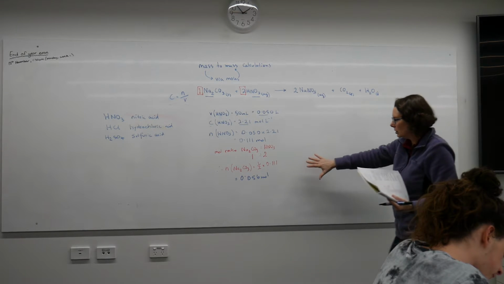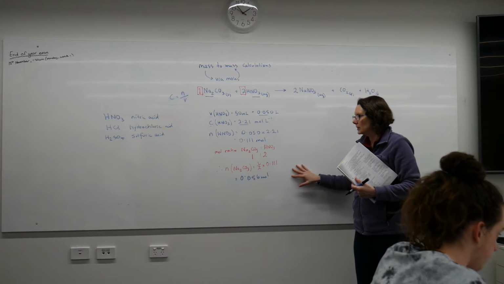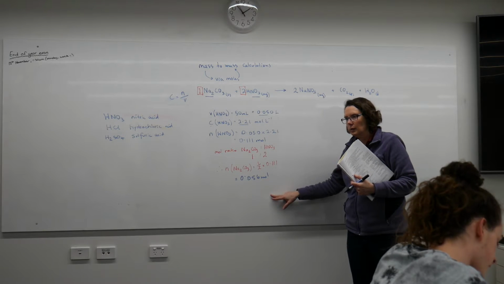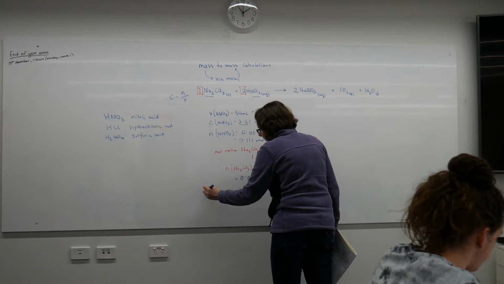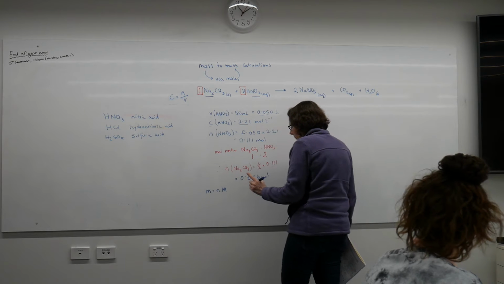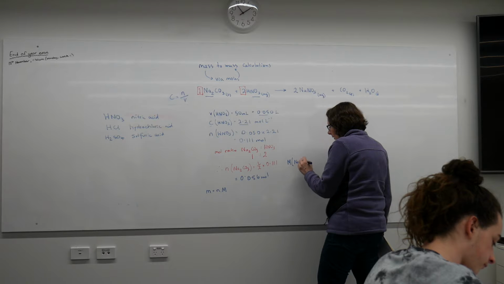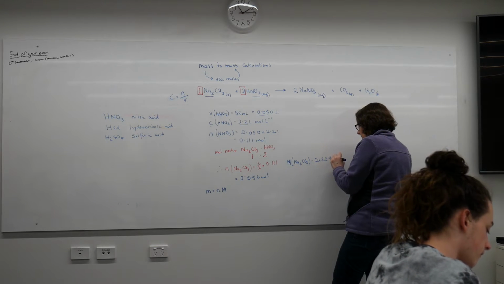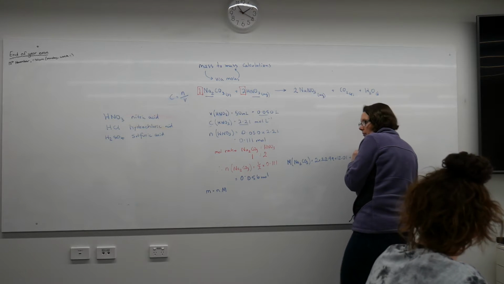If we were to continue on, maybe we might be asked what mass, and then we should be able to work from these moles of sodium carbonate to work out what mass. So for example, we would be using this relationship here, and we would need to find the molar mass of sodium carbonate: 2 times 22.99 plus 12.01 plus 3 times 16.